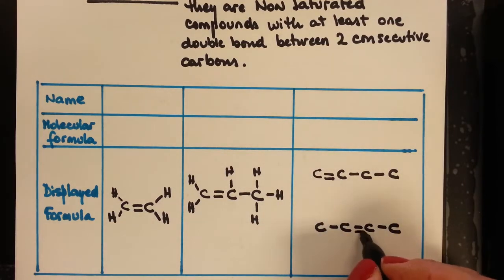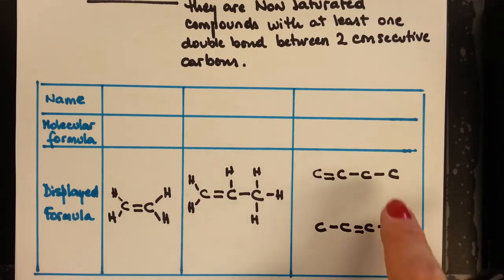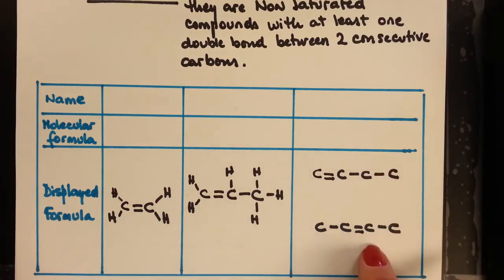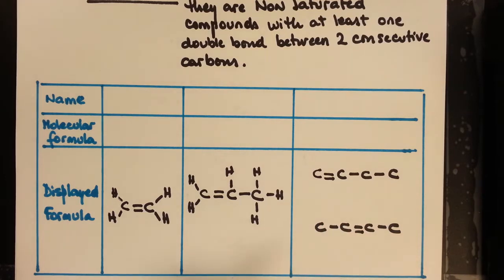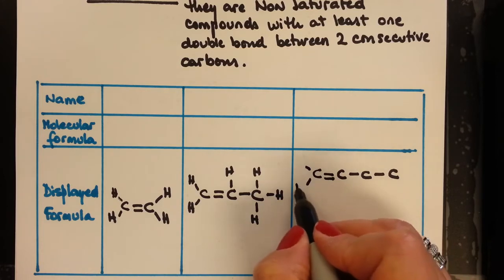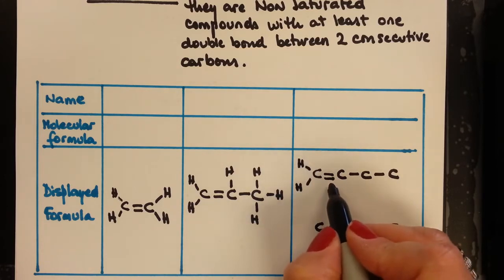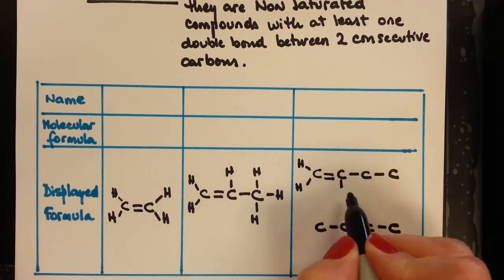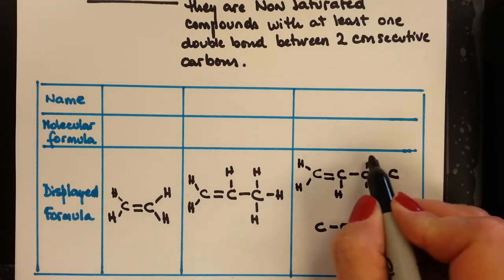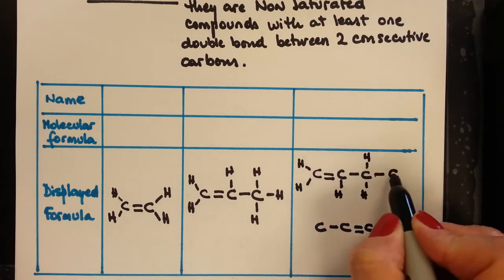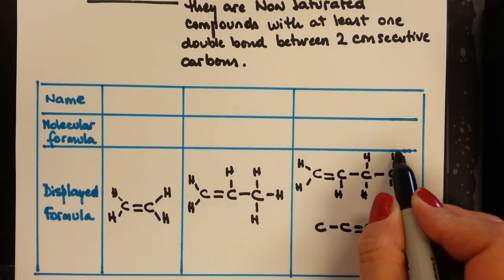But if I put it in the center, that makes a difference. So we are going to have two different positional isomers. They are isomers, but what changes is the position of the double bond. So here we have 1, 2, 3, 4. Hydrogen, hydrogen. Be careful with the hydrogens. 1, 2, 3, and I need only one more hydrogen. 1, 2 here, so I need 2. 1 here only, so I need 3.